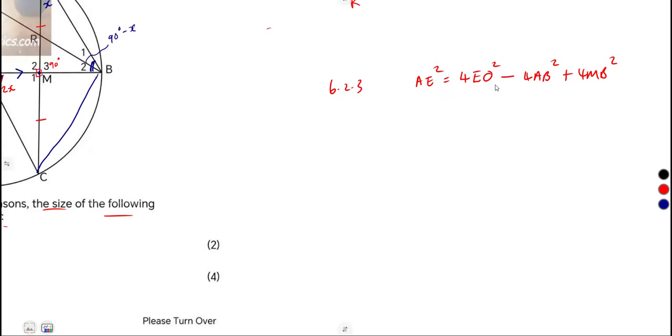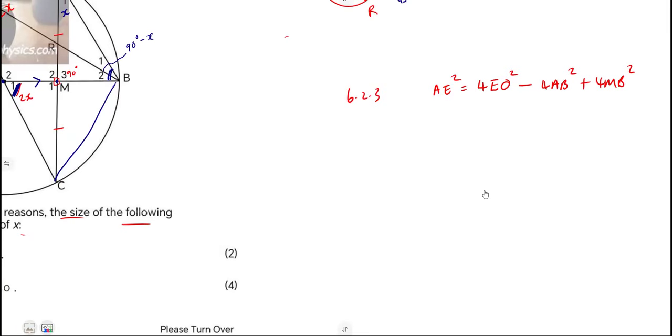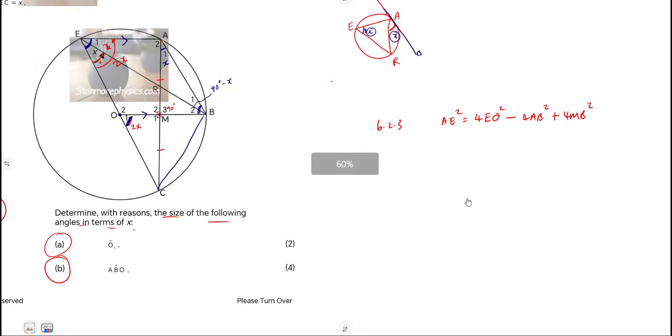So let's try to play around with what we have. What can we use here? Do we have any right angled triangle that we can form? Remember, the diameter creates a 90 degree angle at A, and also B. If we check, there are two right angled triangles, guys.